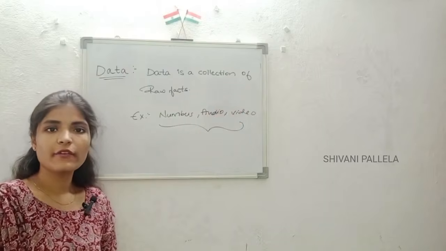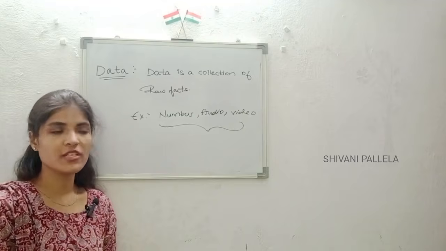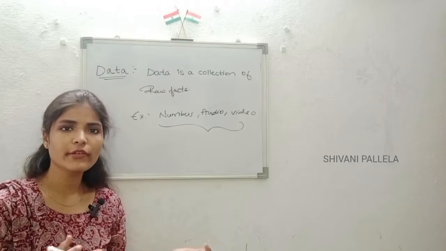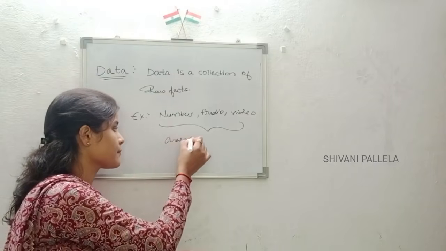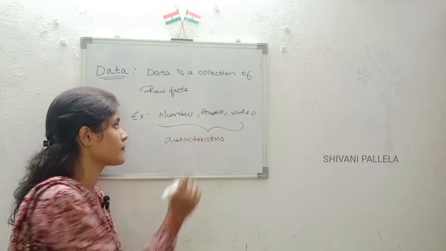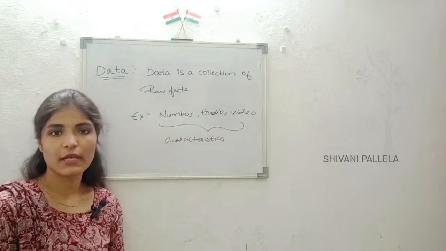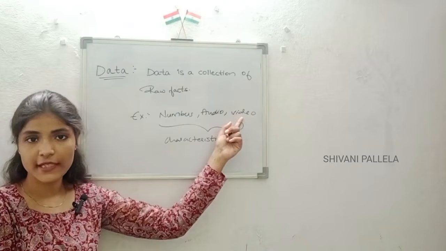For example, if you want some information about our channel, whatever you get, special characters, numbers 1 2 3 4, you will get the data.